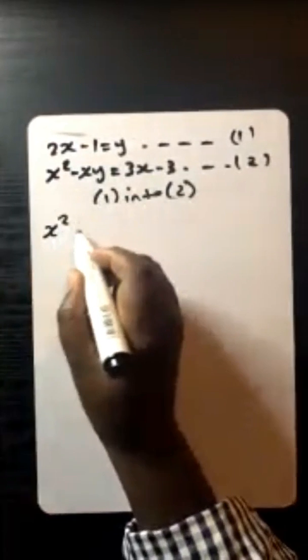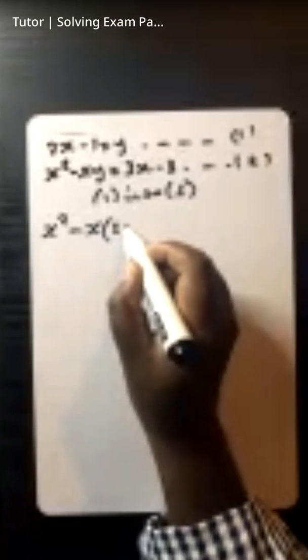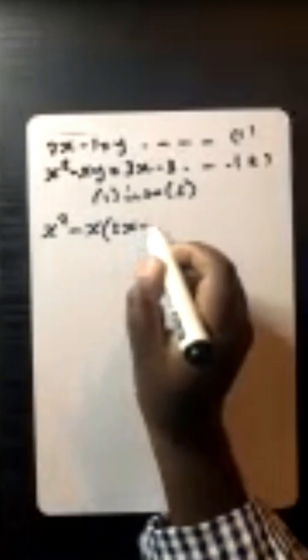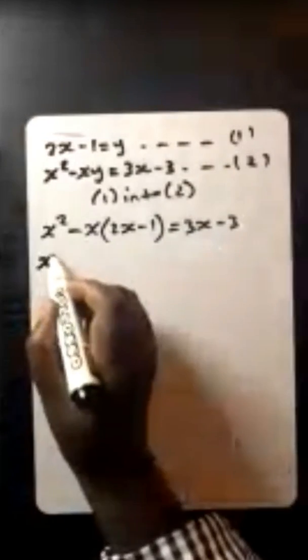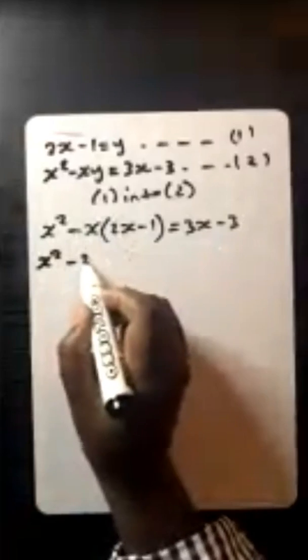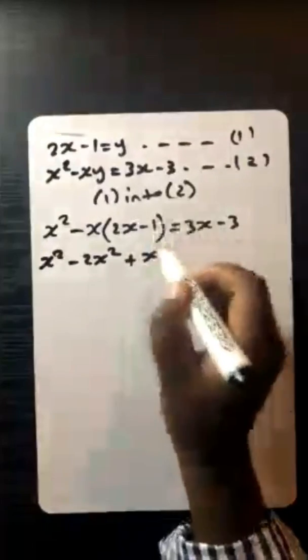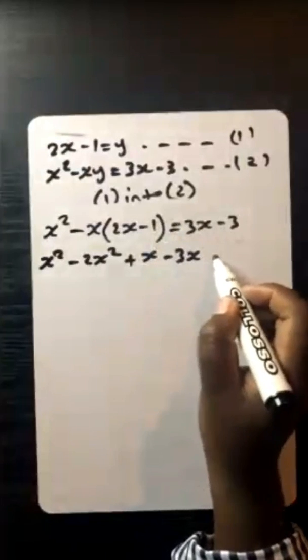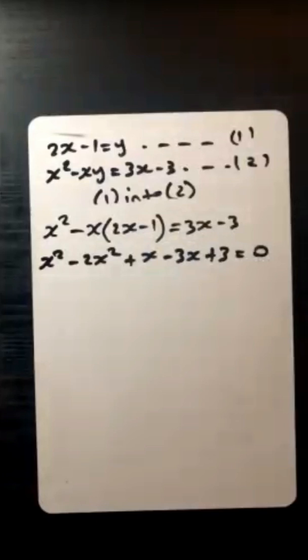So I've got x squared minus, let's see, I've got x into, so it's 2x minus 1 close, it's equal to 3x minus 3. Then I've got x squared, then that times that is minus 2x, that times that is positive x, I transpose minus 3, positive 3, it's equal to 0.